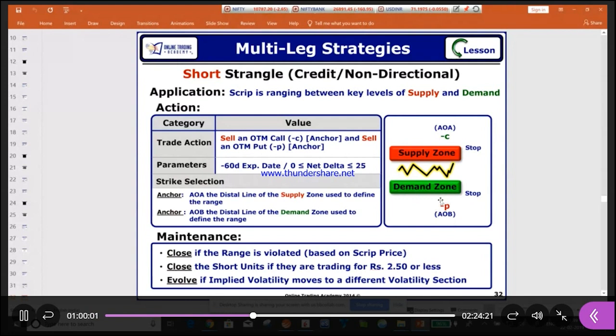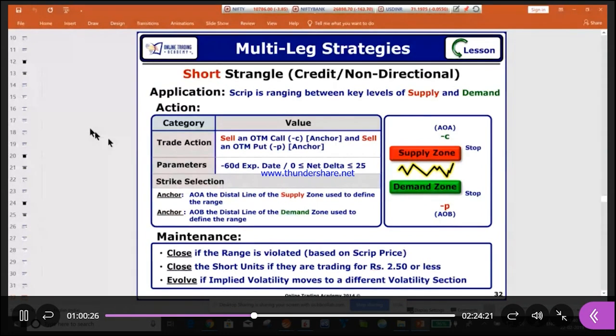So now this 15 rupees has become 1.5. Exit this P, and the moment this becomes 2 rupees, exit this C. And you will evolve if it moves to section 4.